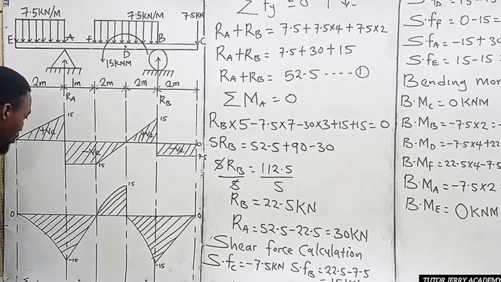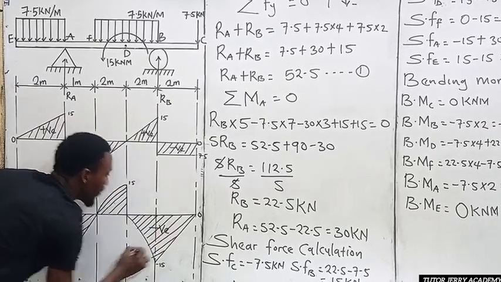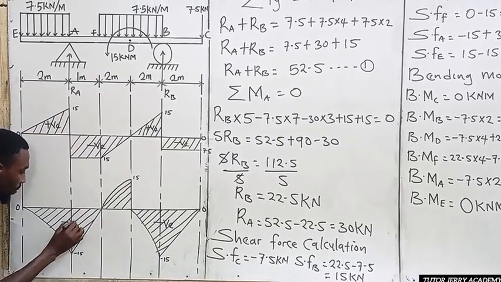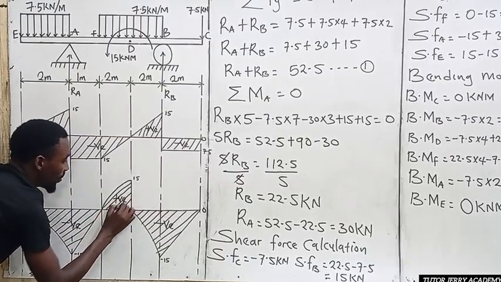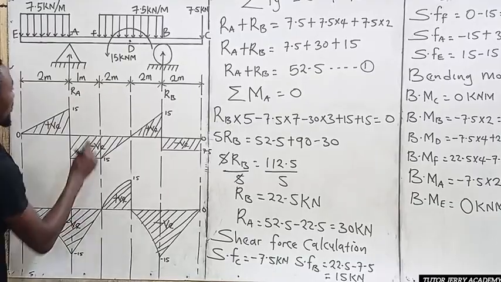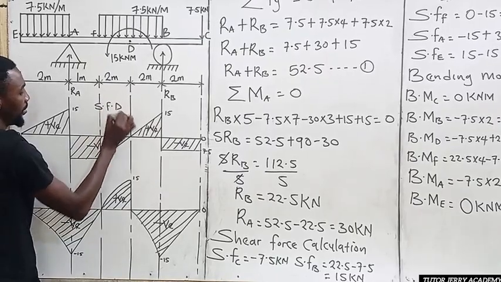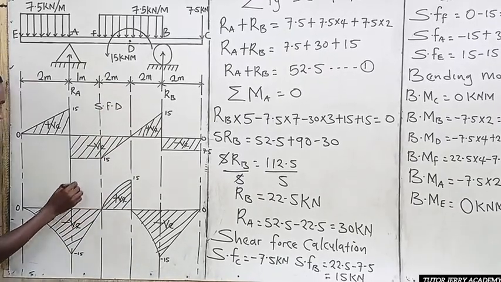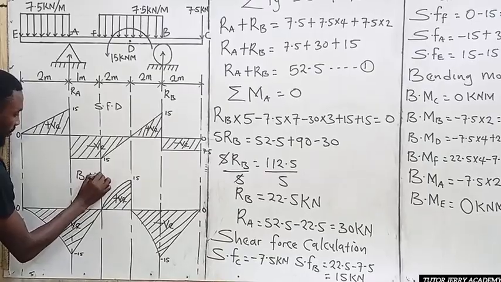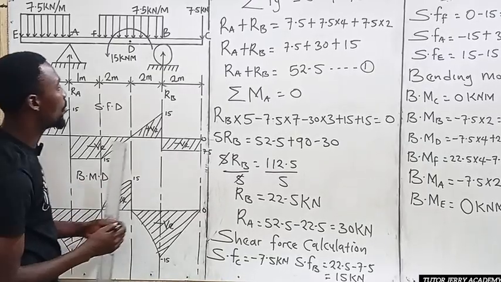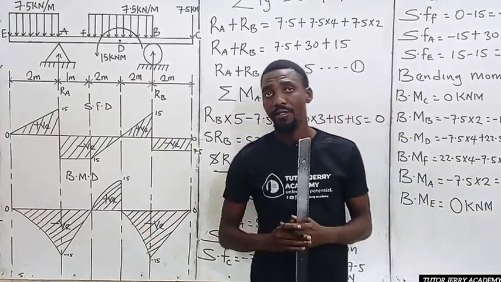All right. So here is our negative part. Here is also negative part. So here is positive. All right. So here is our shear force diagram. And here is our bending moment diagram.